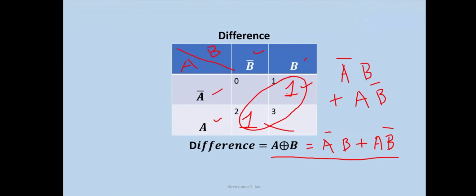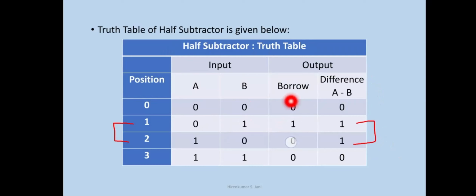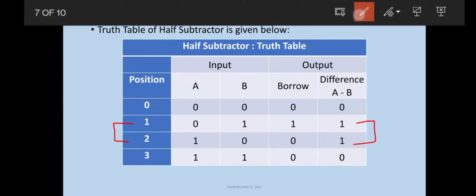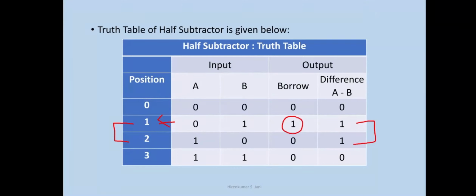Now, we will move to the second one. The second is for the borrow. For the borrow, we will have 1 over here. This one stands for the position 1. So, we can simply get our K-map for the borrow in this manner.